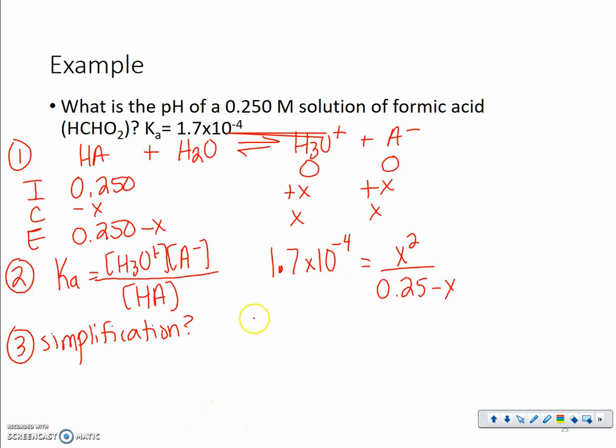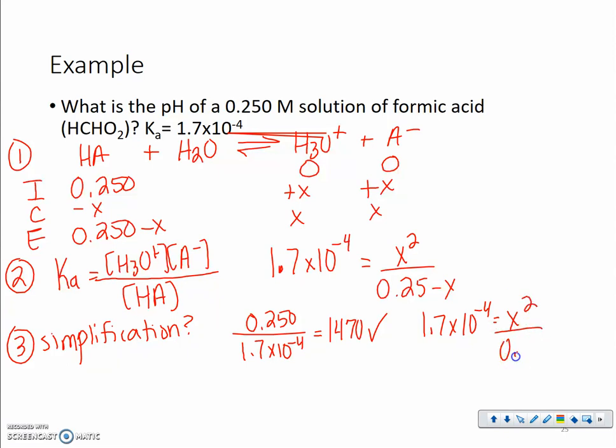So is Ca, which is 0.250, your concentration you start with, over your Ka, is that greater than 100? Now normally you can tell just by kind of looking at the values, but it's never a bad idea to actually solve for them. So we get 1470, yes. So now we can solve for x with that simplification.